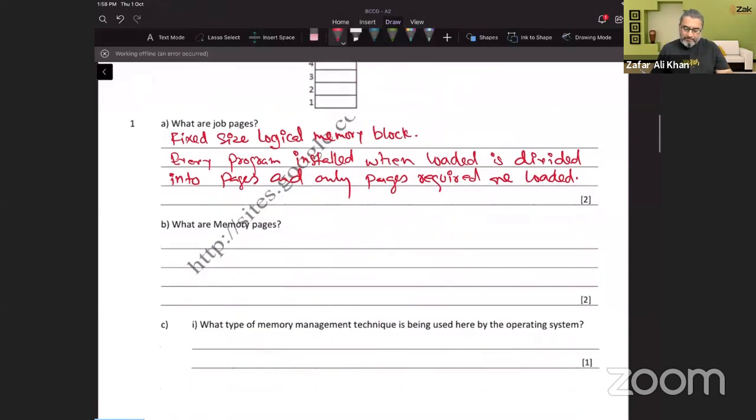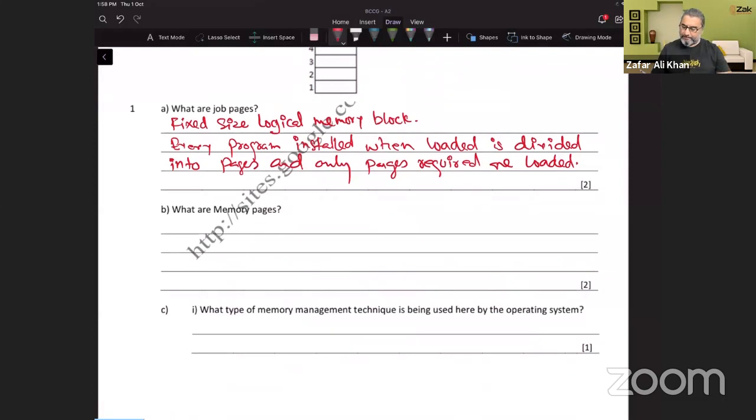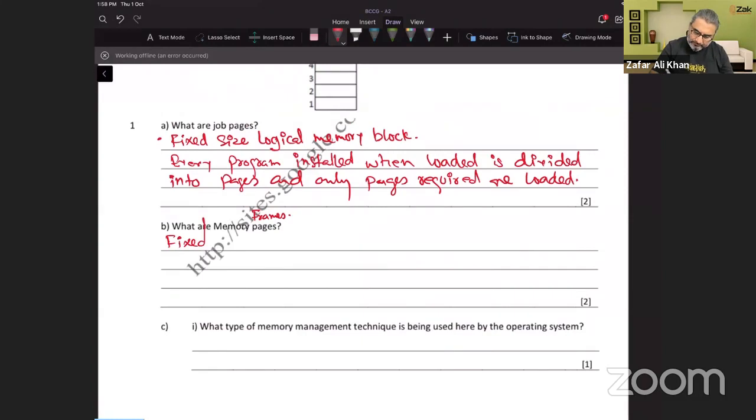What are memory pages or memory frames? Fixed size physical memory blocks.